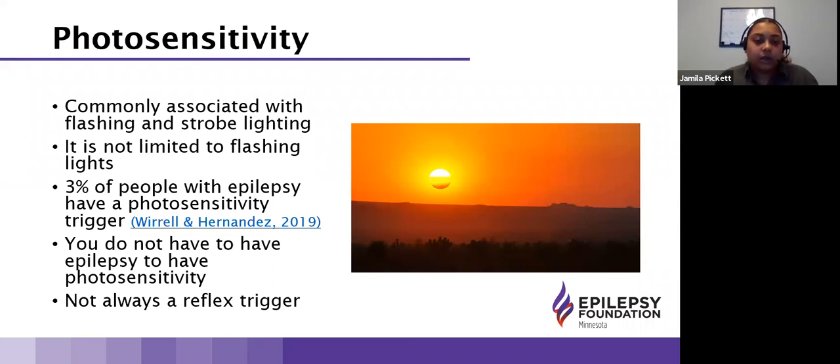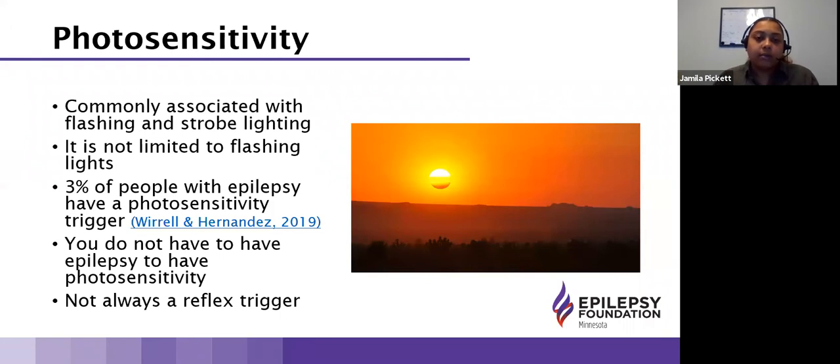It's also important to note that photosensitivity is not always a reflex trigger. For some people, it can build on itself: you're exposed to this light and then you are really stressed out and you drank some alcohol and then you got stressed out again and then you get pushed past your trigger. That can happen with this as well, but for some it is a reflex trigger.